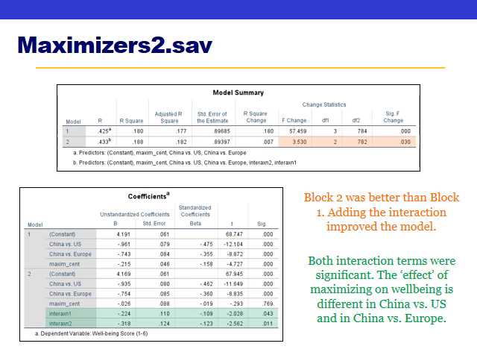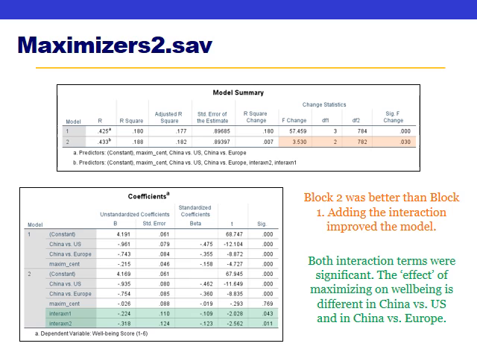Using that same logic, interaction 2 being significant tells us that the relationship between maximization and well-being is different in China than it is in Europe, right? Because interaction 2 involves dummy variable 2, which compares China against Europe.